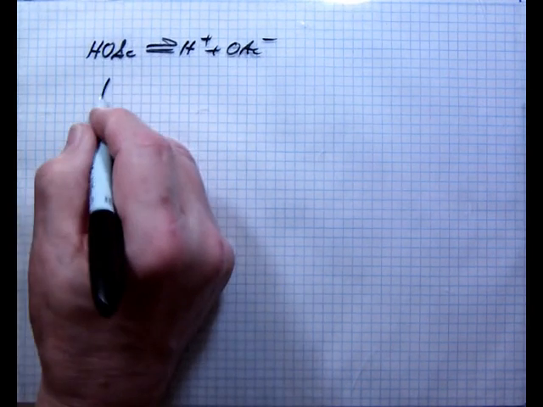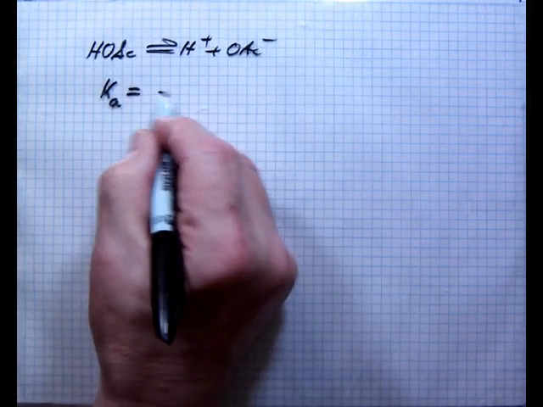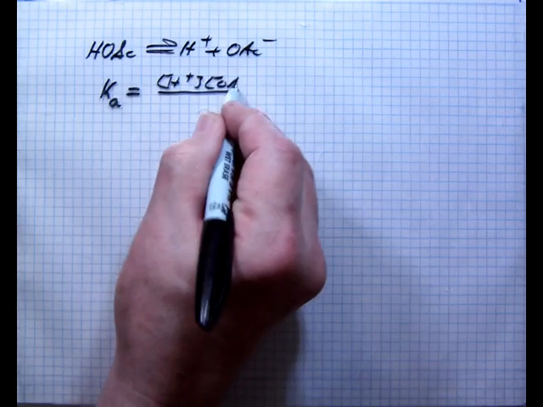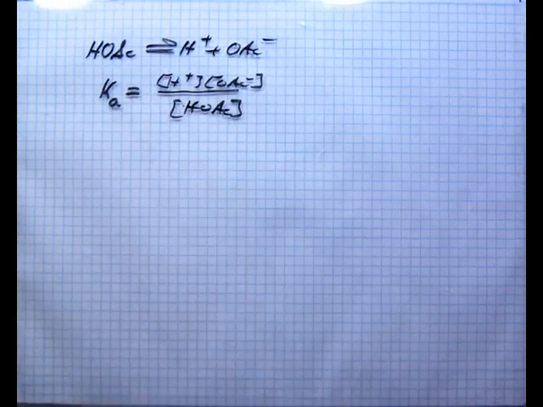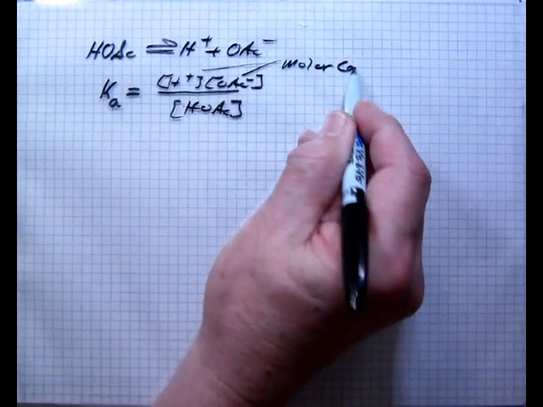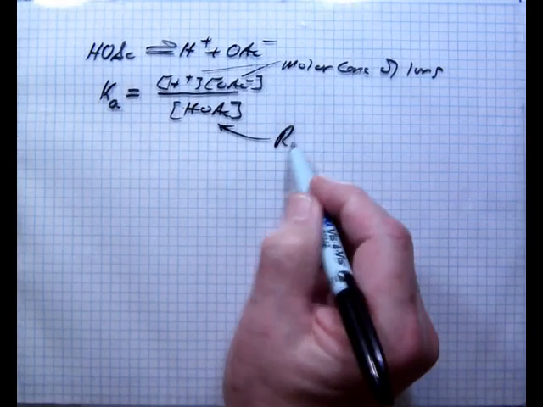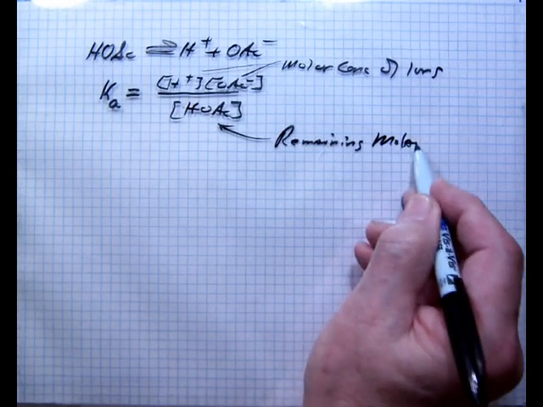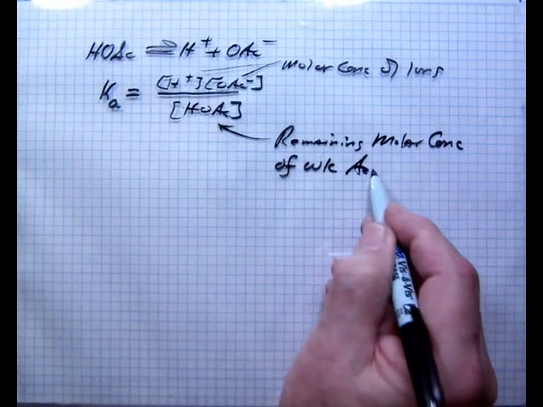And so when you calculate a Ka value, it's products over reactants, just like we've been doing. In this context, products over reactants. And these represent molar concentrations of ions, and of course this is the remaining molar concentration of the weak acid.